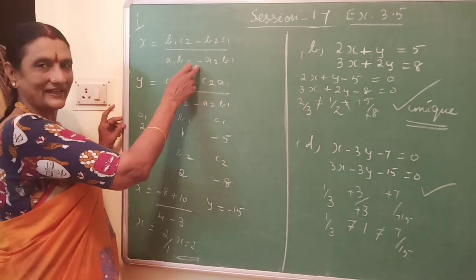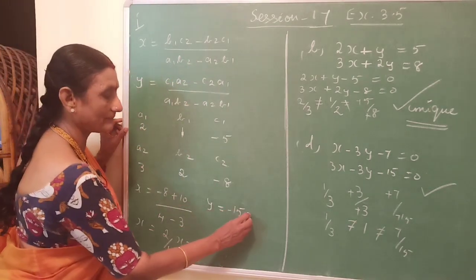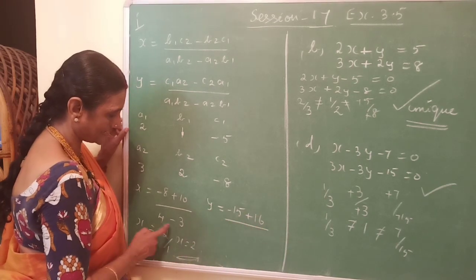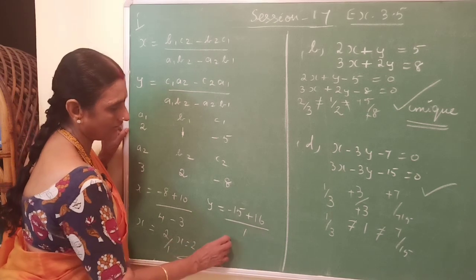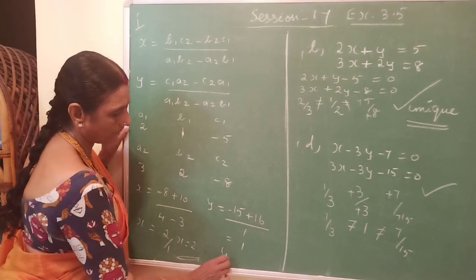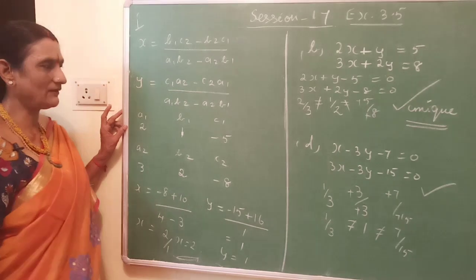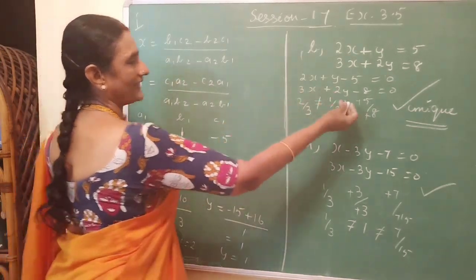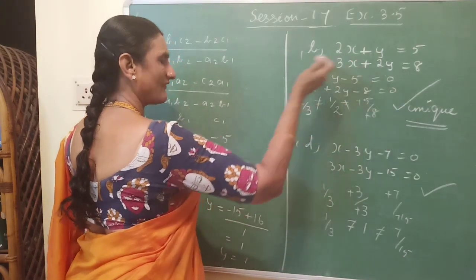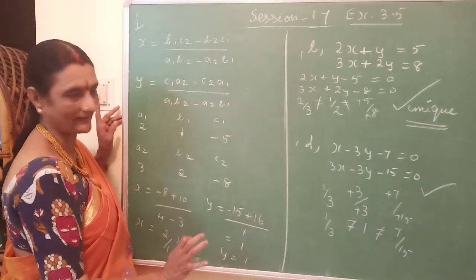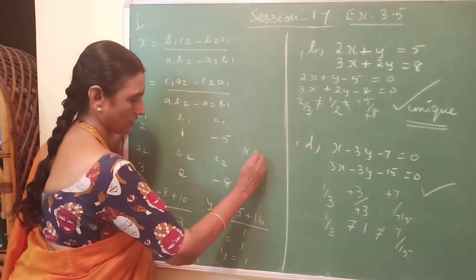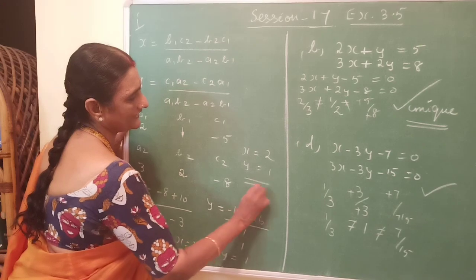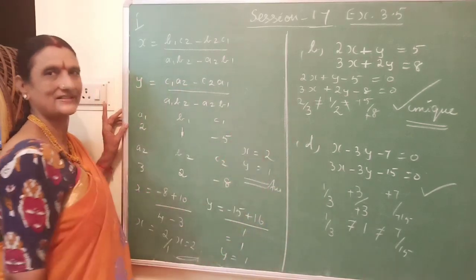And then there is a negative sign outside. So, that minus and minus will make it positive. And then we have got the same denominator here also. You will get 1. Therefore, y is equal to 1. Tell me what the solution for these equations is? X is equal to, here we can write down the solution here also, or wherever you find a convenient space you can write it. So x is equal to 2 and y is equal to 1 is the solution for the equations.